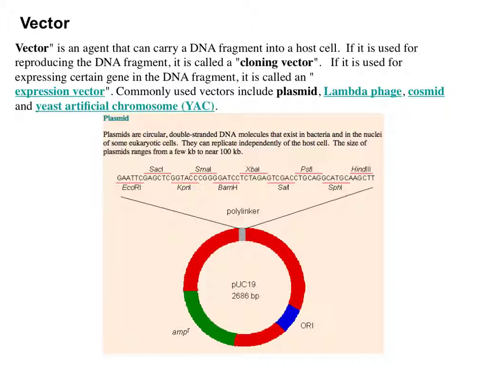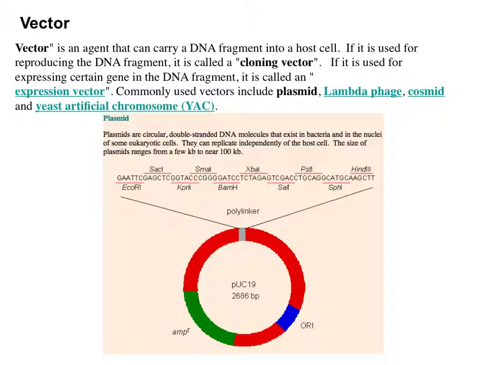In a plasmid, as shown here, you have a marker that allows you to track the plasmid. Here's an ampicillin resistance marker, origin of replication, as well as a polylinker with restriction sites that allow you to clone in various inserts. And the sizes of plasmids range from kilobases to 100 kilobases.